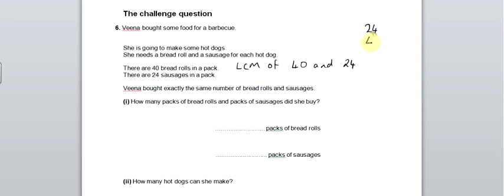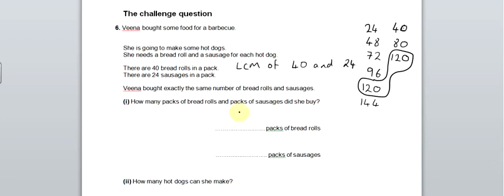So 24, 48, 72, 96, 120, 144. I'm going to stop there for a moment and I'm going to do 40s. 40, 80, 120. And this method relies on you not getting your adding wrong. So you can see they both get to 120.